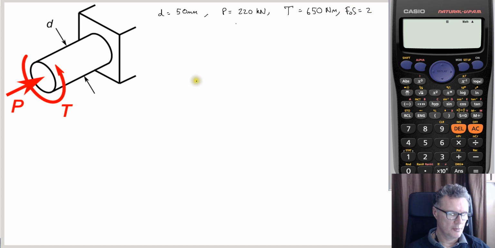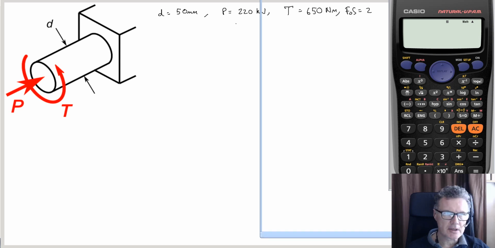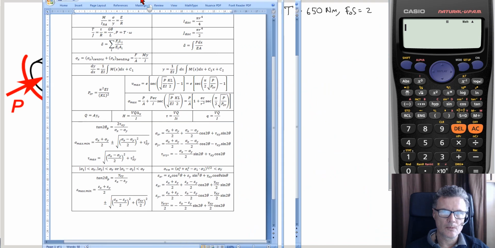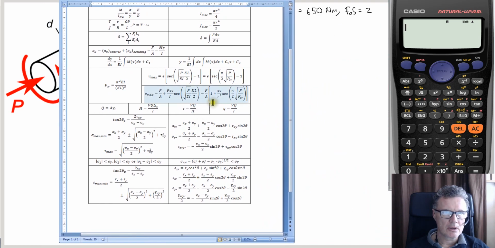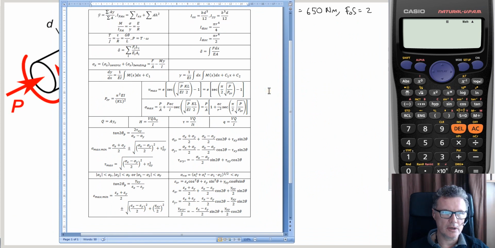So what sort of things could be of interest to analyze? Let's get up our formula sheet here. So sort of stuff I might want to find is maybe the shear stress.